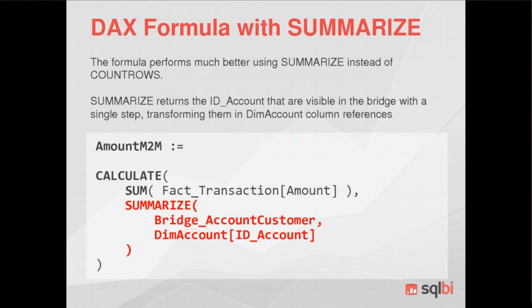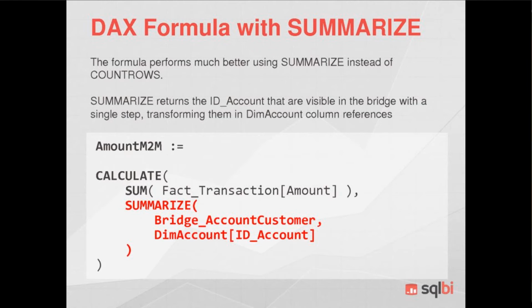The second version of the many-to-many pattern that we will see is way more elegant. It does a CALCULATE of SUM of Fact Transactions Amount using SUMMARIZE of the bridge table by Dim Account. SUMMARIZE is the equivalent of a GROUP BY in SQL.